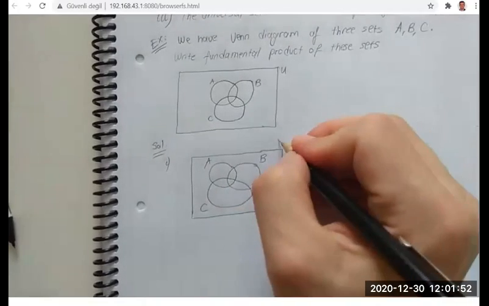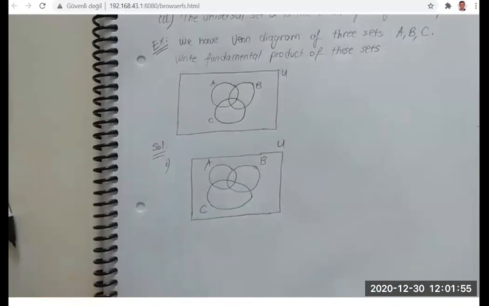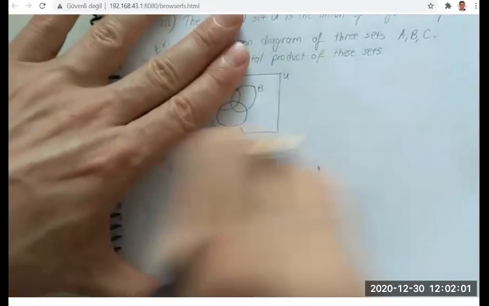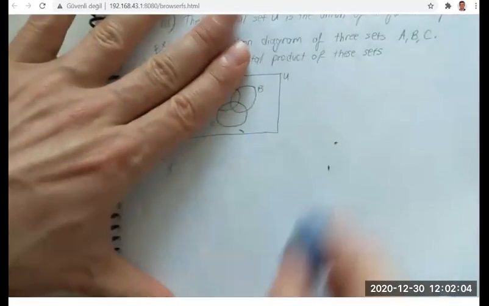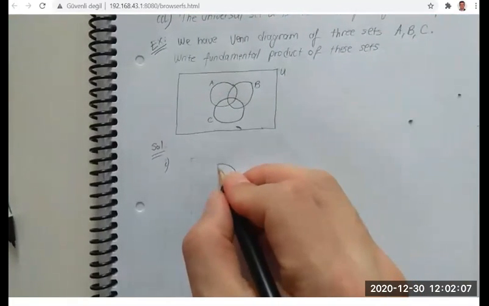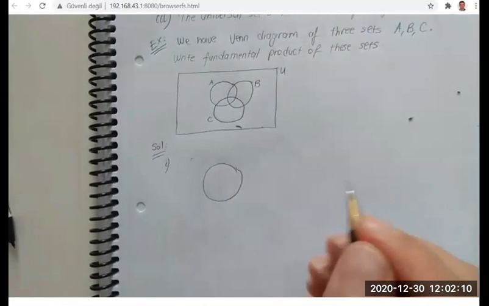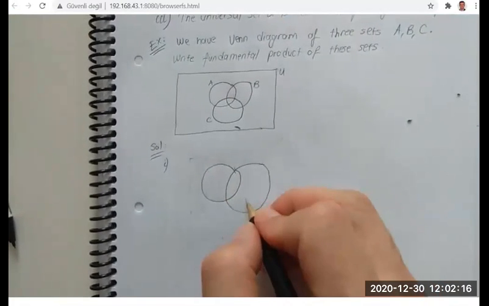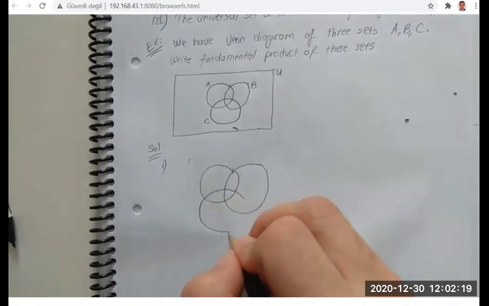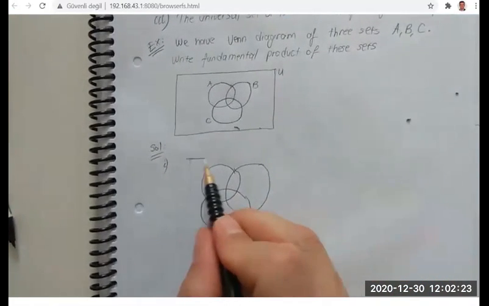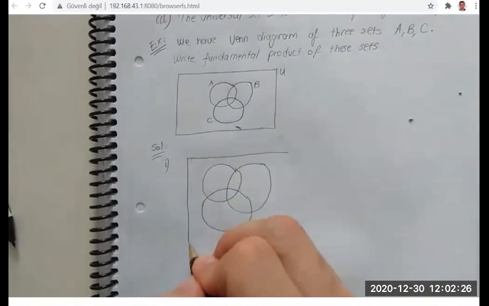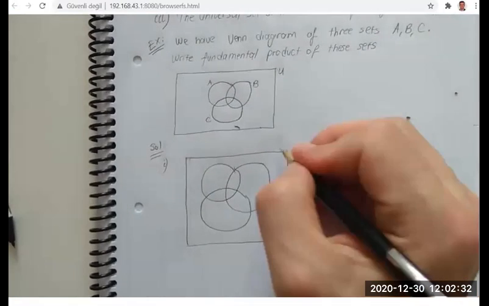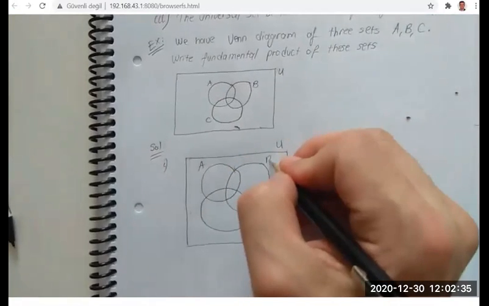C, U. Okay, let's make it bigger. Bigger A, B, and C. So, the rectangle U, A, B, and C.